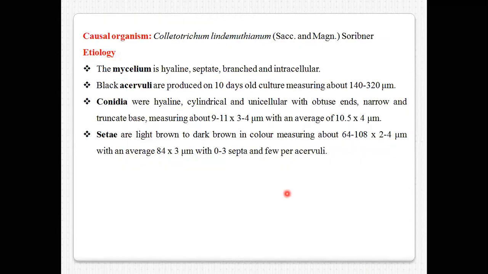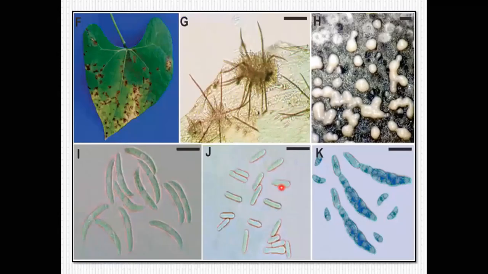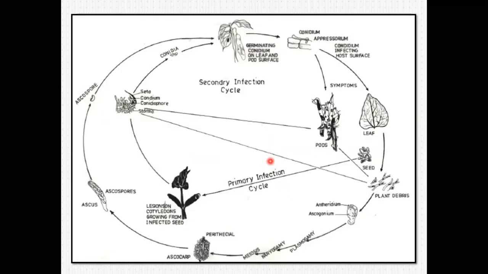Then the etiological part: this anthracnose fungus reproduces by sexual as well as asexual methods. Suppose this is the infected leaf and infected pods, whose debris remains in the soil. Finally the antheridium and ascogonium fuse to each other and develop perithecia, fruiting bodies containing ascospores.